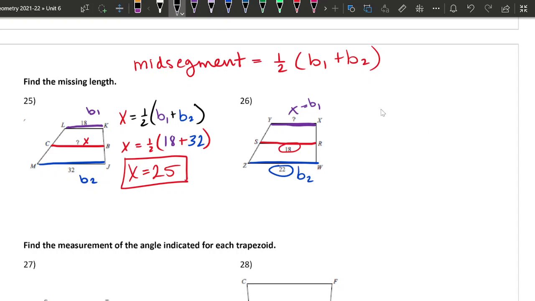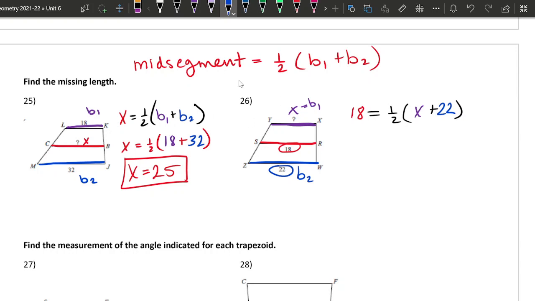So when I set it up this time, you want to make sure you have it all in the right spot. So 18 equals half of X plus 22. Because the equation is for the mid-segment, so that has to be on the left.